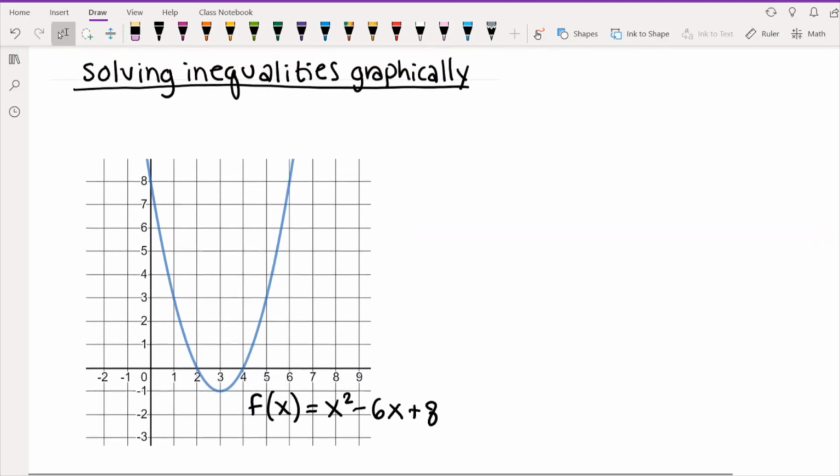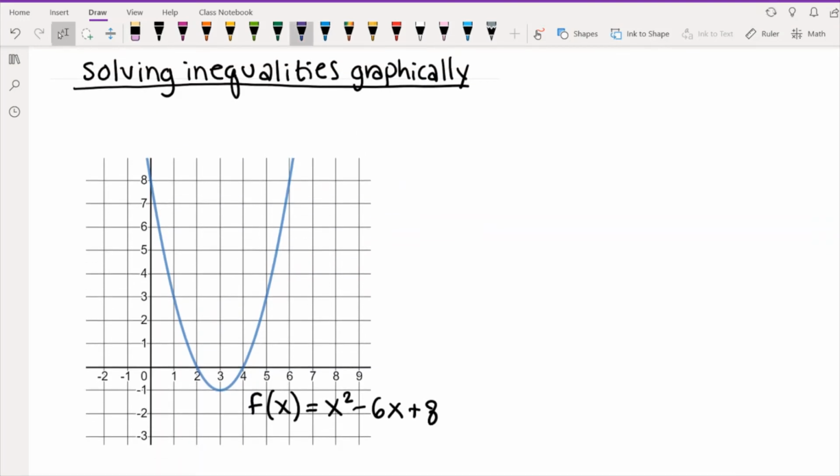So I want to start by doing some questions that we've already done in the past. So this is review. First thing I want to do is, using the graph, not using any algebraic methods or solving equations, figure out how we could solve x squared minus 6x plus 8 is equal to 0.